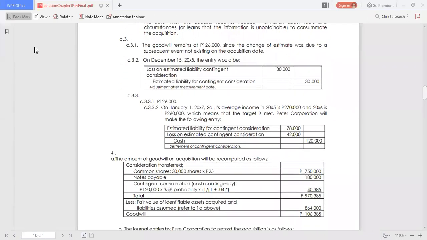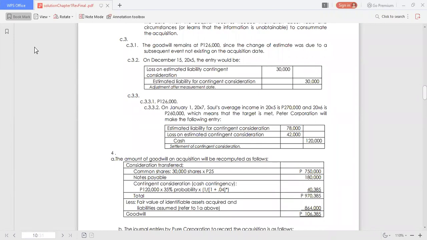Next, number 4. Cash contingency with present value based on future performance. Cash flows.